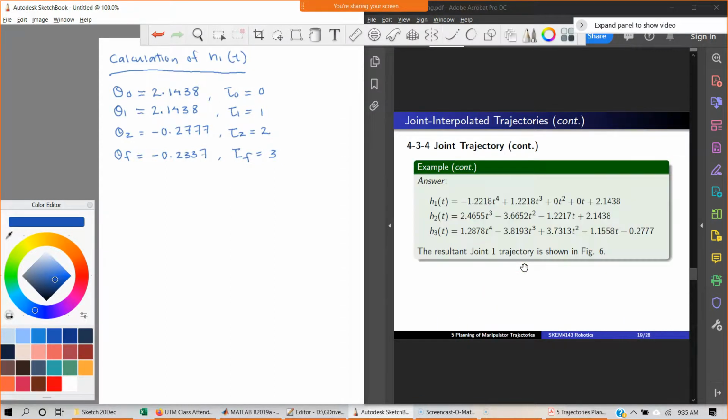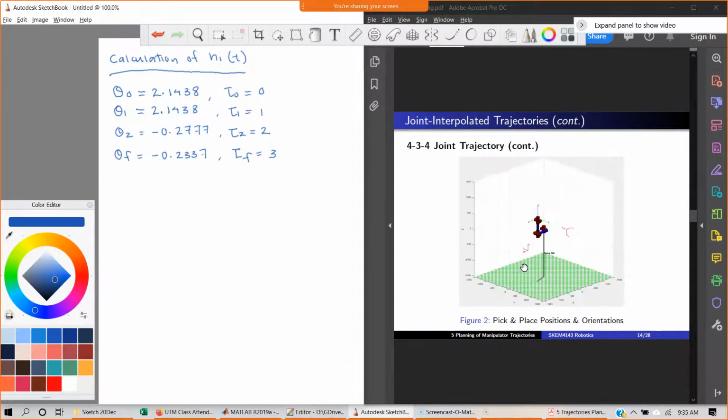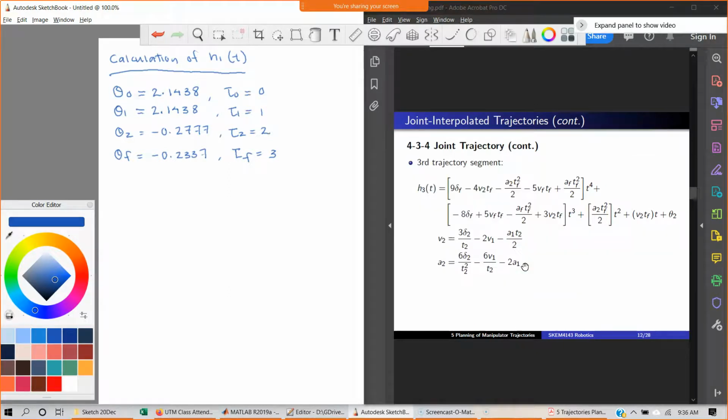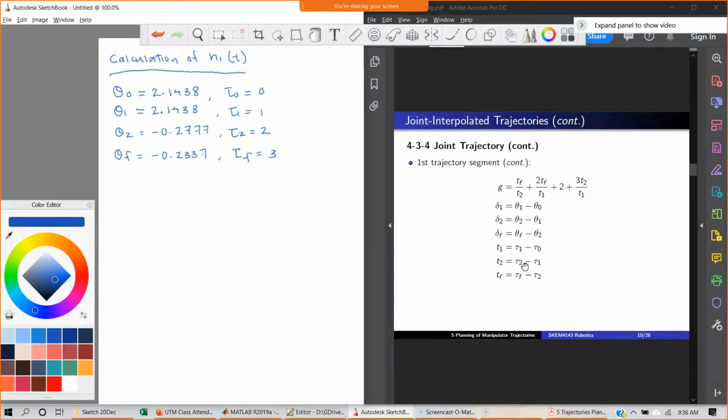So referring to the formula, I'm going to slide number 10. We have to compute T1, right? T1 is tau 1 minus tau 0. T2 is tau 2 minus tau 1.